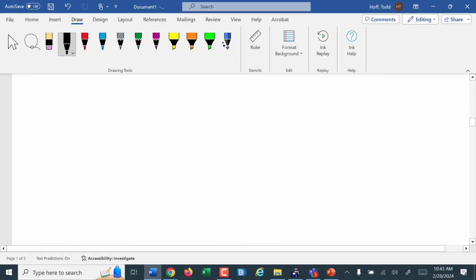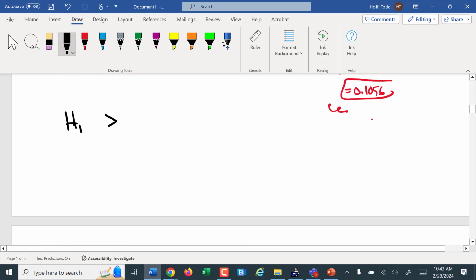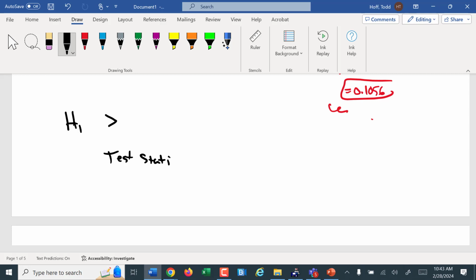Sorry, my screen's jumping all over on me. If the test statistic is greater than the critical value, we would reject the null hypothesis.